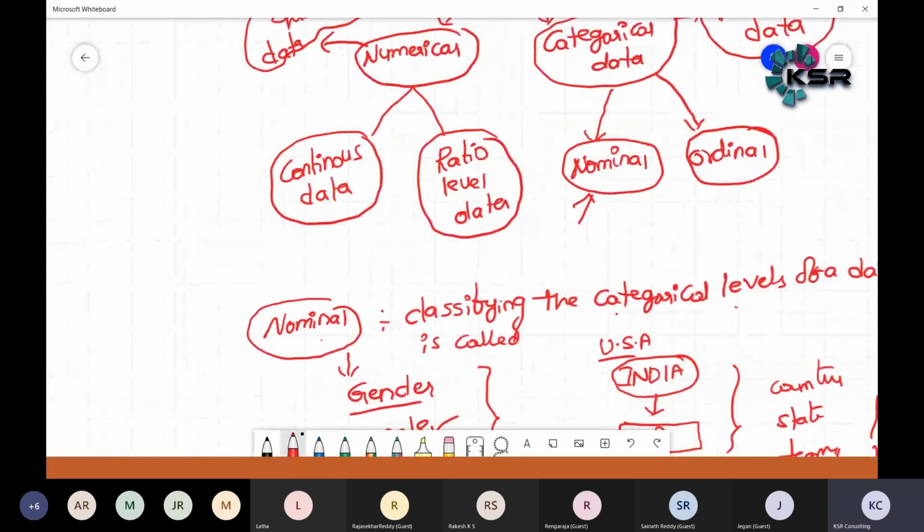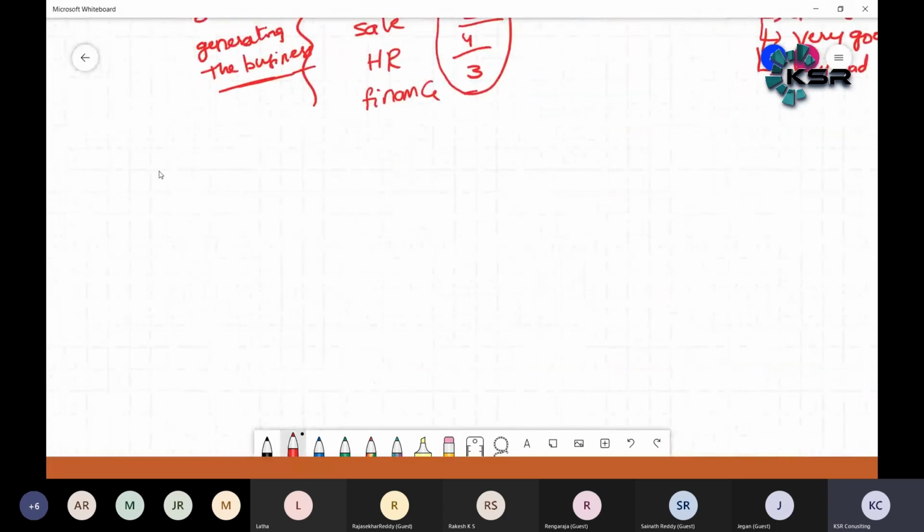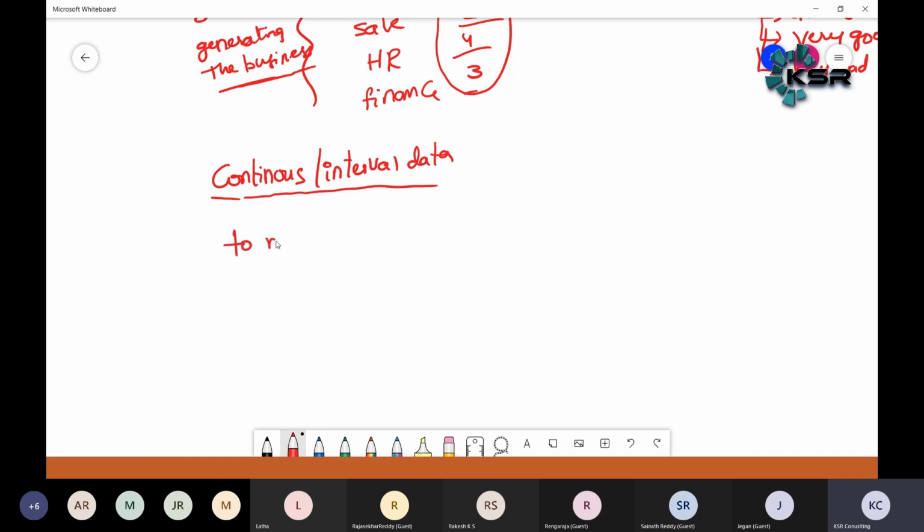Okay. Now continuous data. Continuous data is numerical data. It is also called interval level data. It is used to measure a particular range of values.